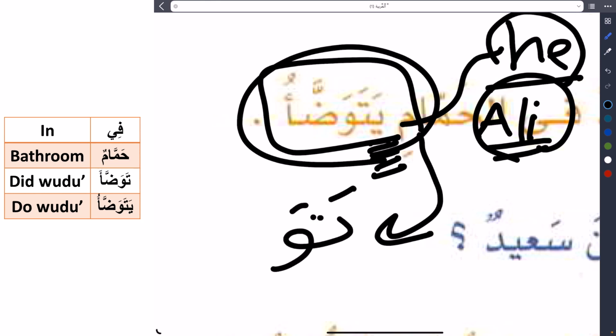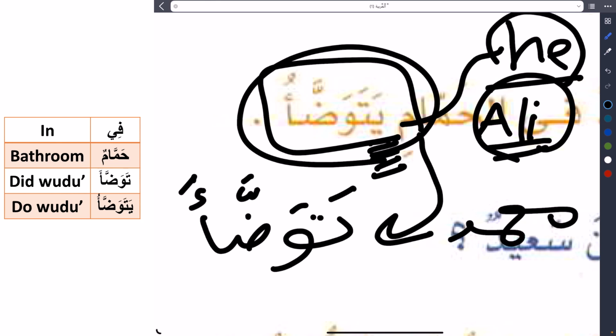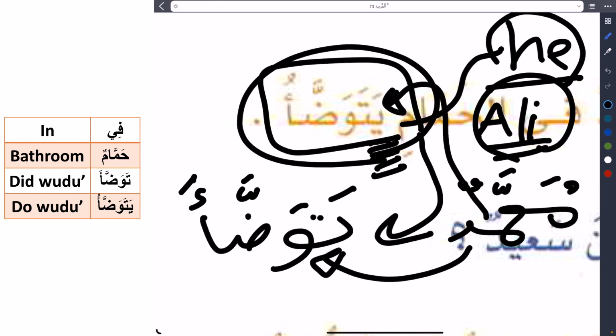It is tawadda'a. So let's say Muhammad did wudu. Easy. We say Muhammadun tawadda'a. How to say Muhammad is doing wudu now? We say Muhammadun yatawadda'u.